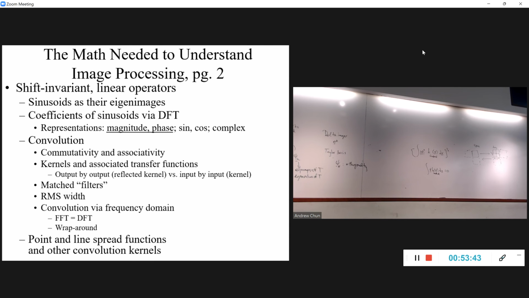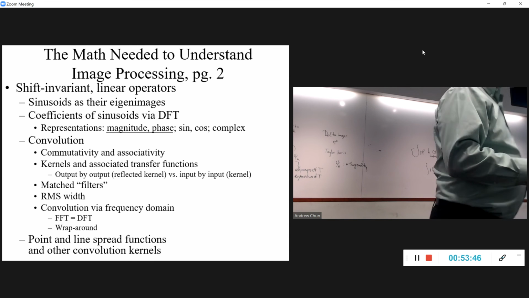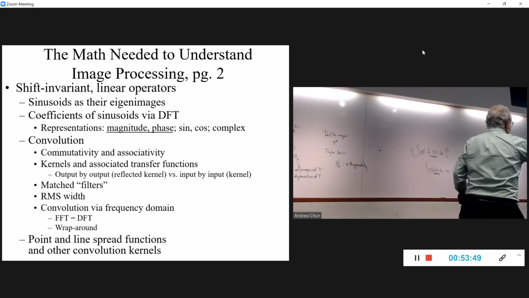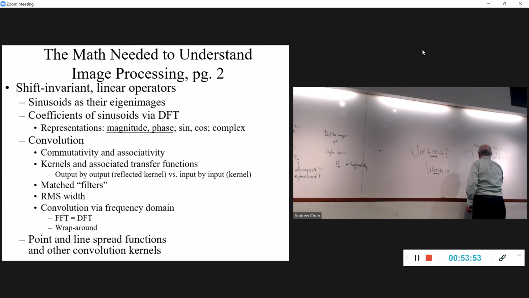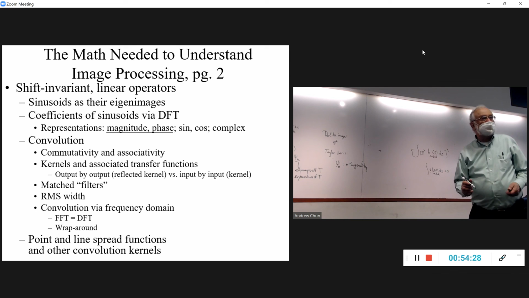And then we saw that when both of these had an RMS width, your point spread function had sigma PSF, and your computational operator had sigma computational for its kernel, the overall effect is combined as sigma PSF squared plus sigma computational squared, to the half, for Gaussian.